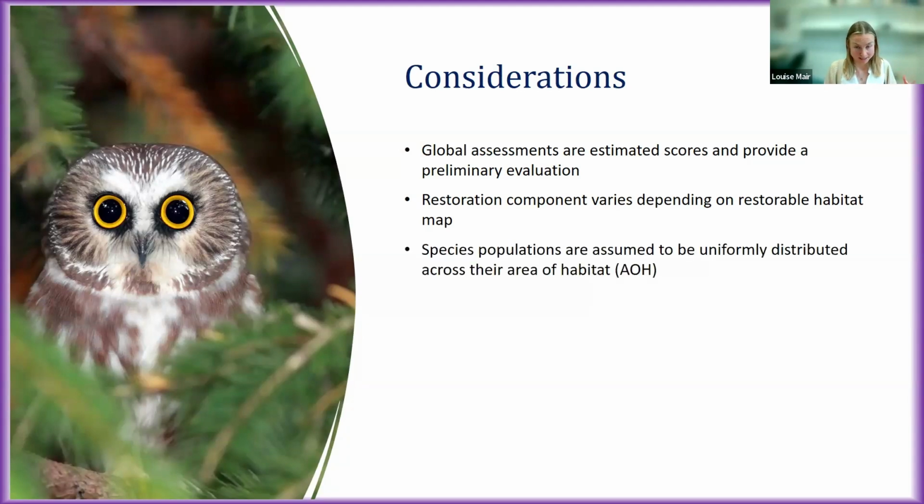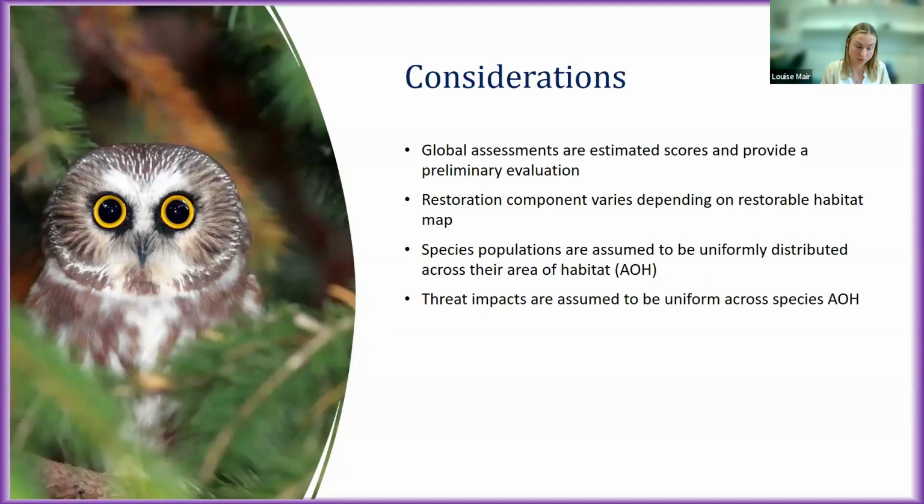These estimated data have to make a few assumptions simply because they come from global data where we don't have refined information. One of the major assumptions that estimated STAR makes is that species populations are uniformly distributed across their area of habitat. We know that's not true, but we simply don't have that level of detailed information across all species.